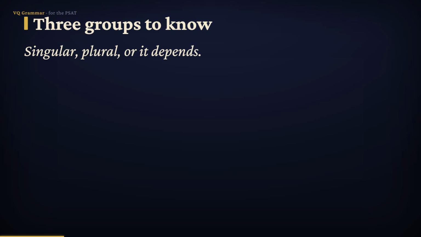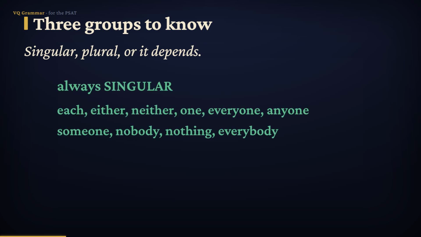There are 3 groups to memorize. The first group is always singular. Each, either, neither, one, everyone, anyone, someone, nobody, nothing, everybody. Notice that one, body, and thing words feel like many people, but grammatically they're singular.